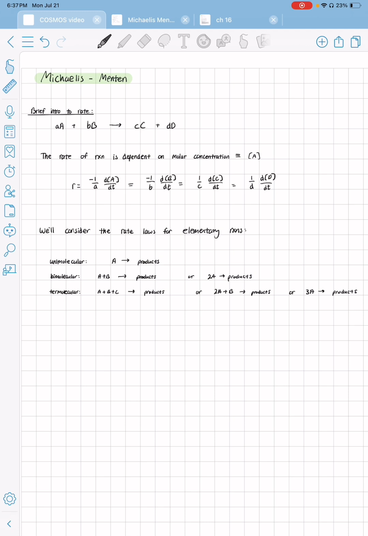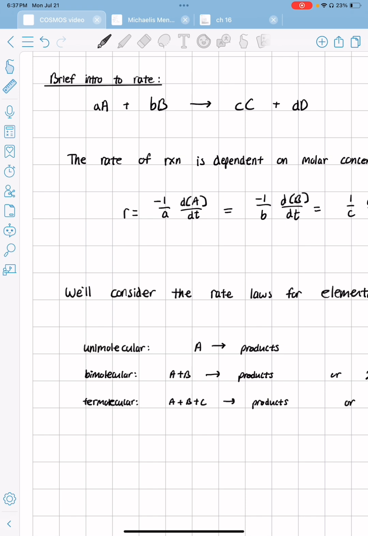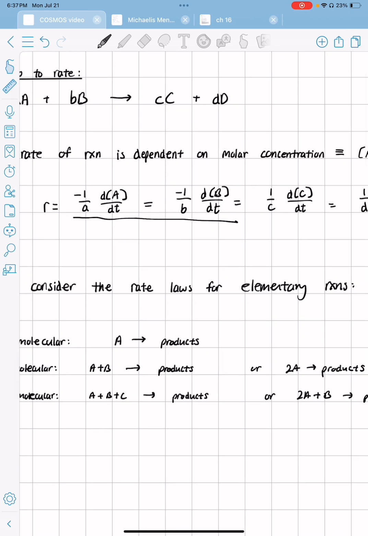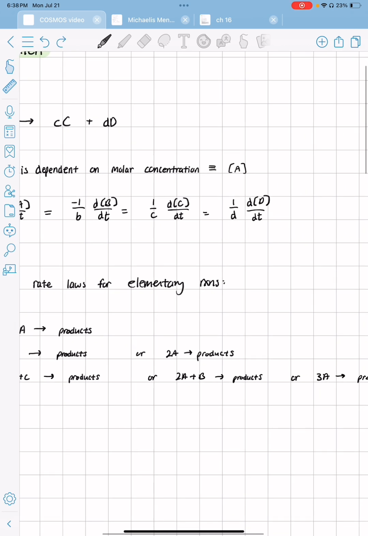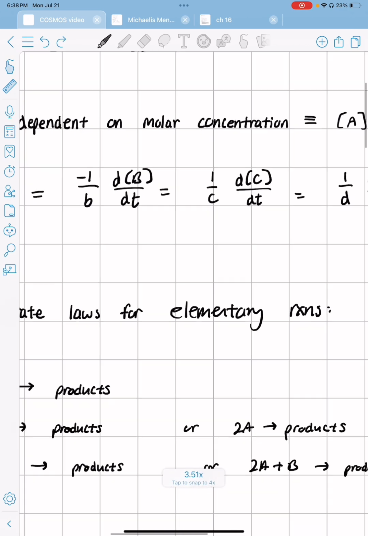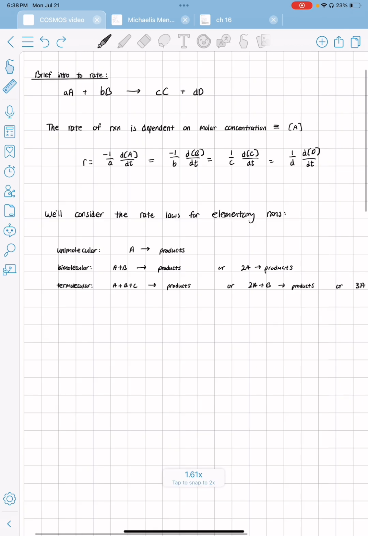The rate of the appearance of a product would be equal to the disappearance of the reactant, which is why it's negative for A and B, but positive for the appearance of the product, which is why it's positive for C and D. It's just concentration over time, and the 1 over A is just 1 over the stoichiometric coefficient.